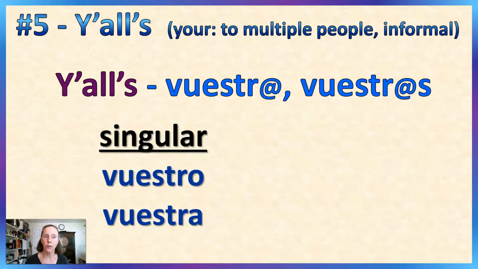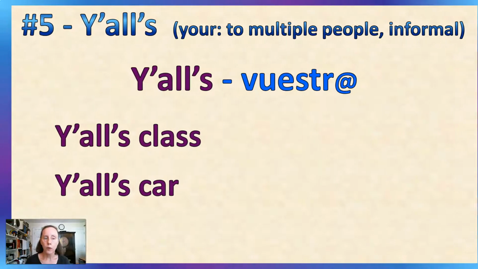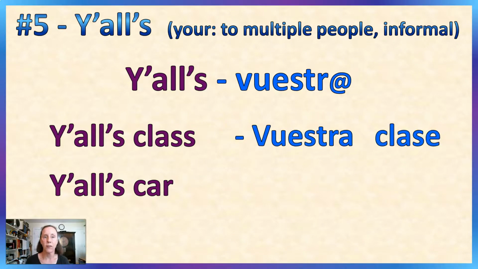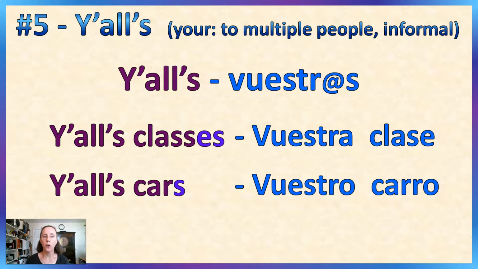We have vuestro, vuestra for the singular, and we have vuestros, vuestras for the plural. So to put that into context, we have y'all's class, vuestra clase, or y'all's car, vuestro carro. When we go plural, that becomes vuestras clases and vuestros carros.